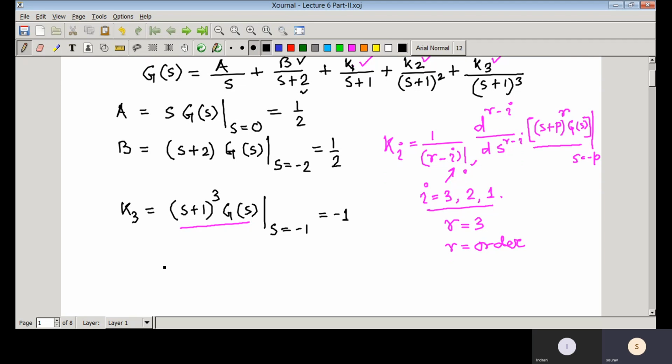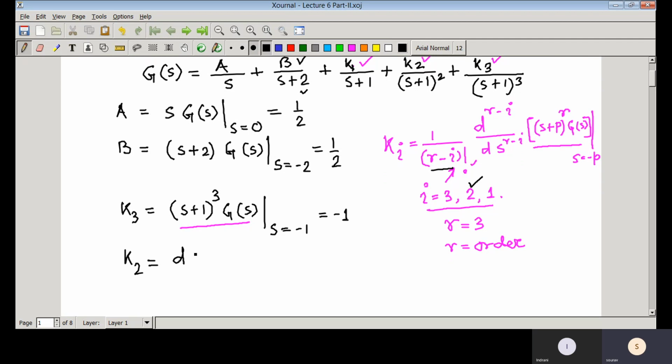Then in the other case, what would be K2? If you put i equal to 2, here you can see 3 minus 2, that is 1, factorial 1, so that is 1.